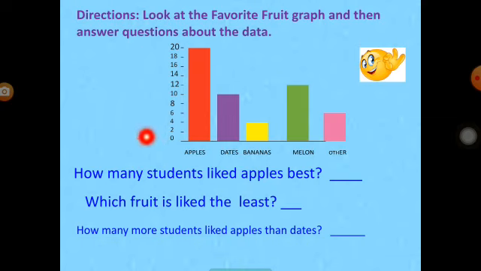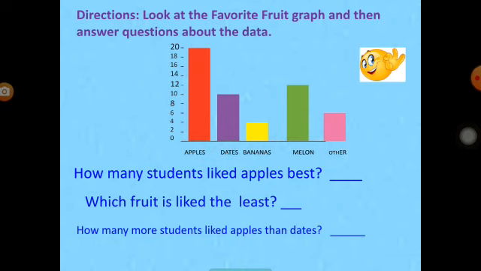This is the vertical line. Super. The vertical line here shows the number of students, while this line is called the horizontal line. The horizontal line shows the types of fruits.